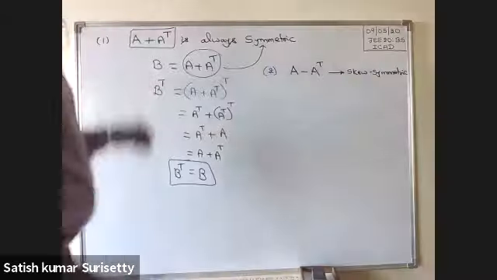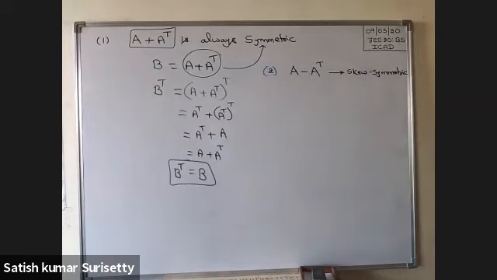Skew symmetric. Now try to prove it in the similar manner as you have done before. Take it as B and calculate its transpose and check whether B transpose equal to minus B or not. Verify, all of you.